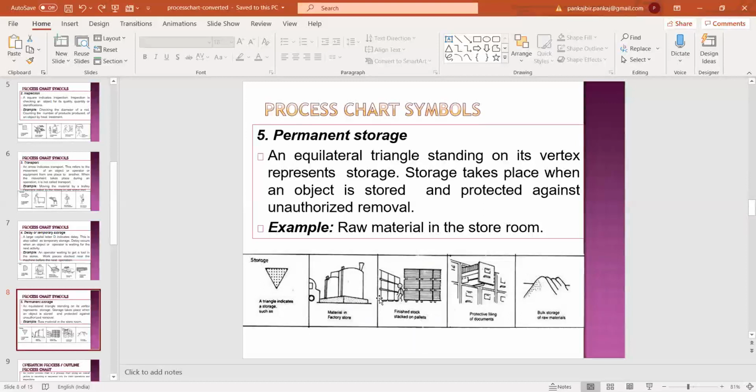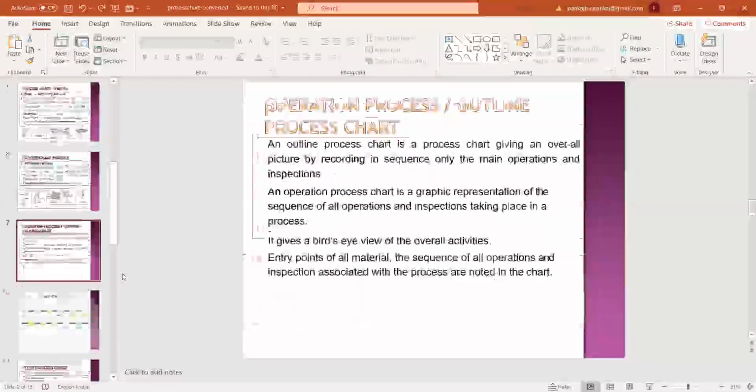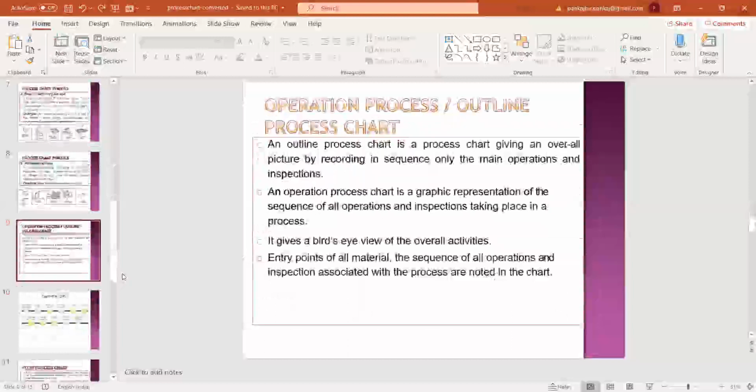For example, if something is put in a refrigerator to cool down for a certain time period, or raw material is laid down in a storeroom, this all comes under permanent storage, and such activities can be shown with the help of the inverted triangle in a process chart. So these are the symbols which are used to prepare a process chart.